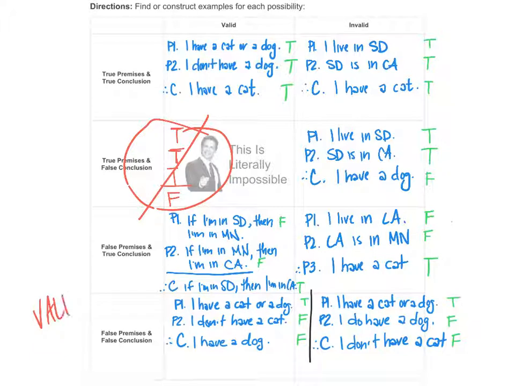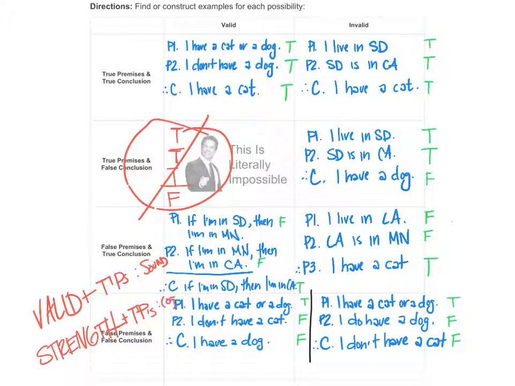Validity is one standard, the guarantee one, and the other is strength, something less than a guarantee. And then we also have sound and cogent in the mix. If you add true premises, you get sound, that's a deductive standard. And if you add true premises to a strong argument, that's a cogent one.